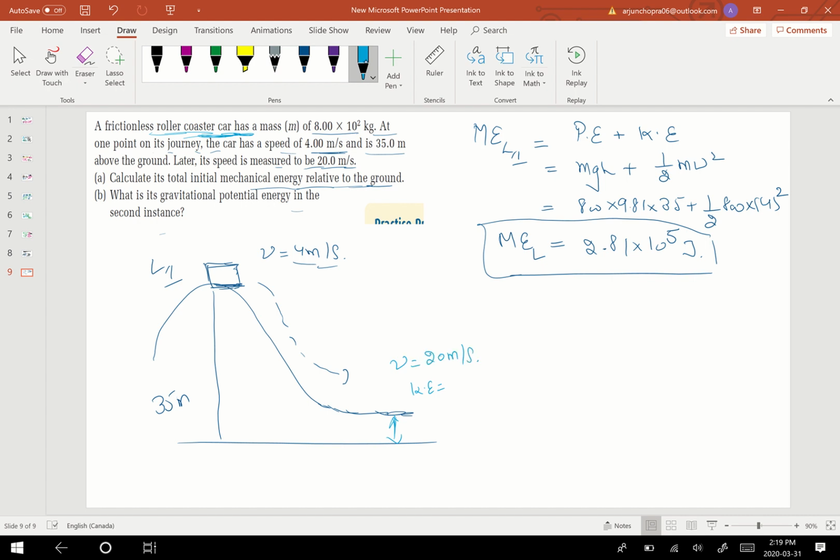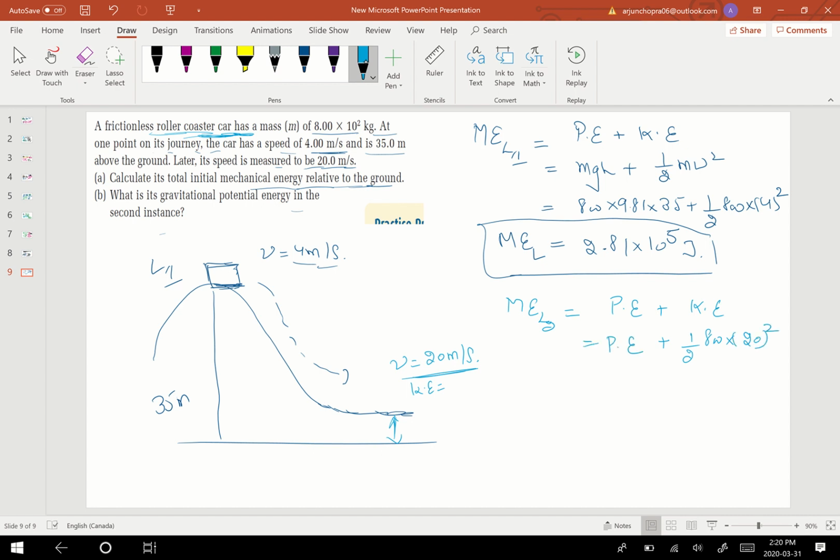Corresponding to 20 meters per second, I can find the kinetic energy, and from there I can apply the formula: mechanical energy at location 2 is equal to potential energy plus kinetic energy. Kinetic energy is half times the mass, again 800, times 20 squared.